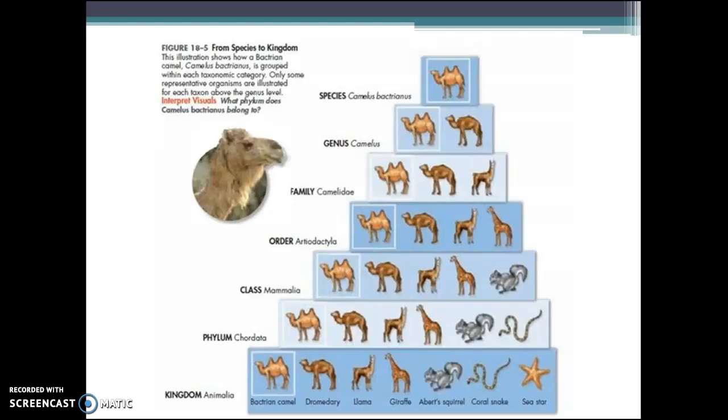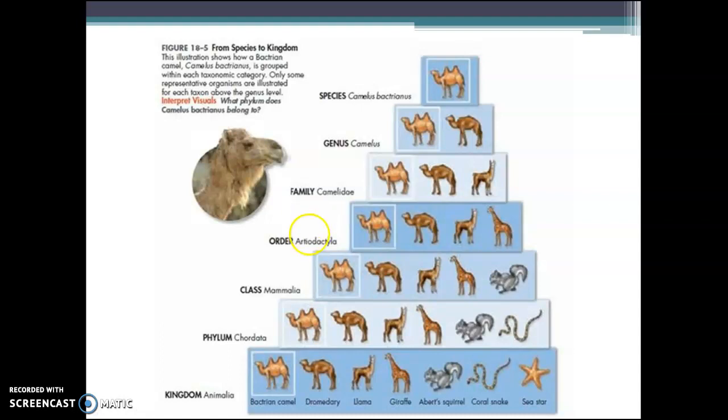All right, so here's looking at that same hierarchy, but breaking it down. I'm not going to spend a lot of time on this because I only have 15 minutes, but you can go through and take your time and look at, we're talking about this Bactrian camel, okay, and there it is by itself, but then look at each layer. It's genus, Camelus is camels, okay, and then as we go to each grouping, we have more creatures that belong to that group.